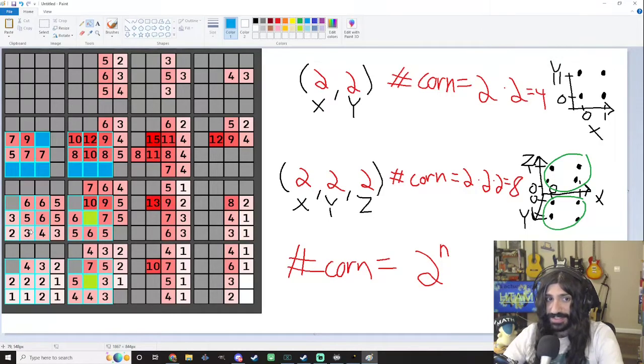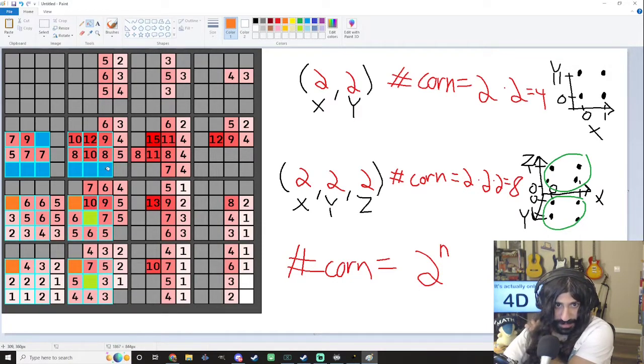Now, looking at this 3, the cells that are adjacent to this 3 are... Let me think. There are three, so there has to be one. So one of these has to be a mine, because one of these is a mine and three of these is a mine. And so one of these is a mine.